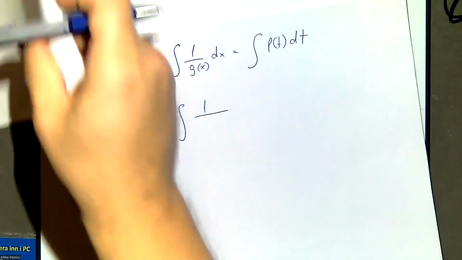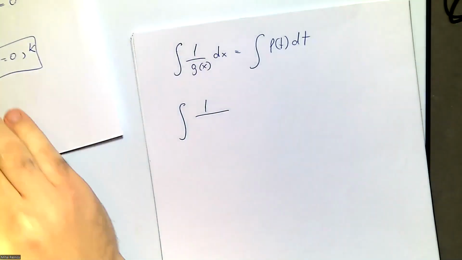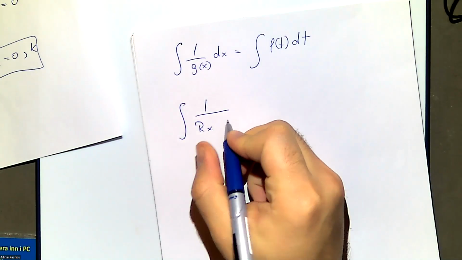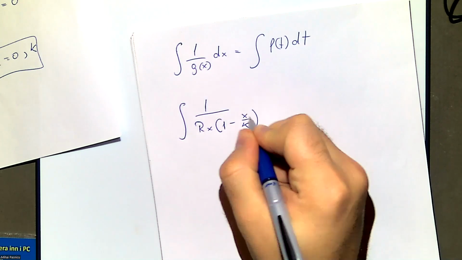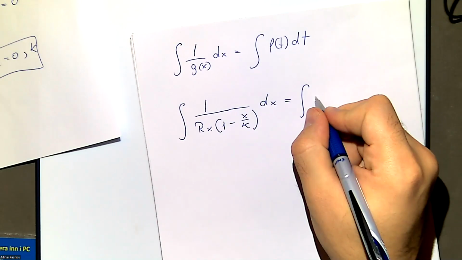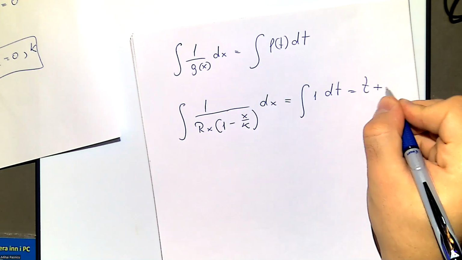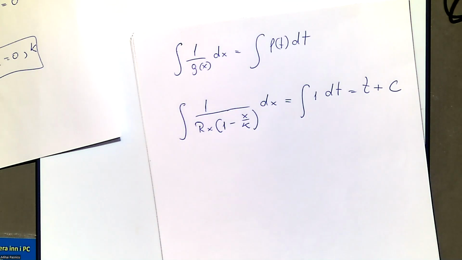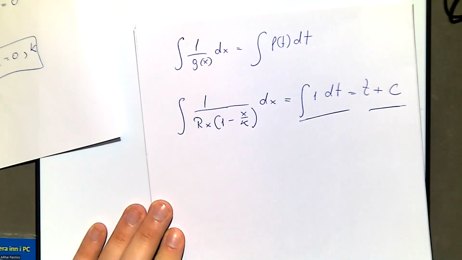G of x is just this thing that I identified here, which is r x times 1 minus x over k, dx. The integral of f of t, that's 1, dt. So this is equal to t plus a constant. Okay.